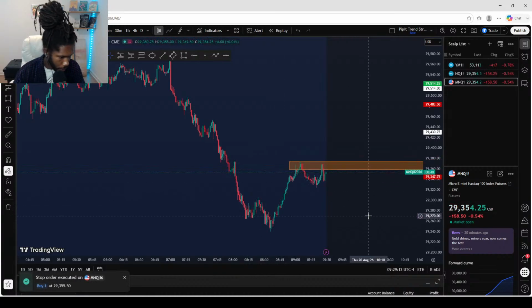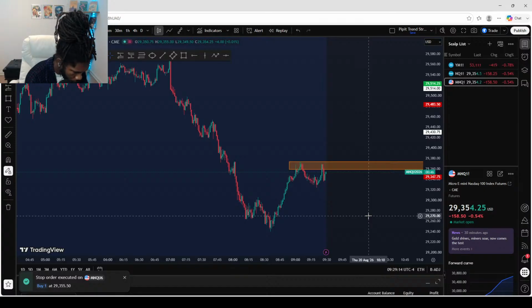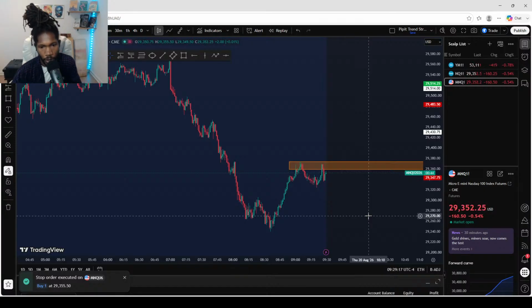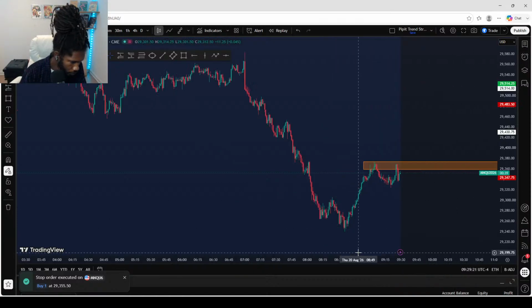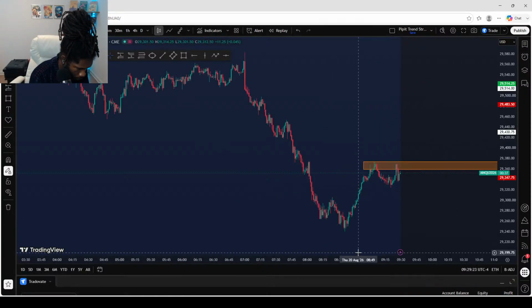All right, stopped out. Slight profit. Well, $8. This is MNQ, so very small contracts. Let's see if we can actually get another entry for this right here, for this setup.